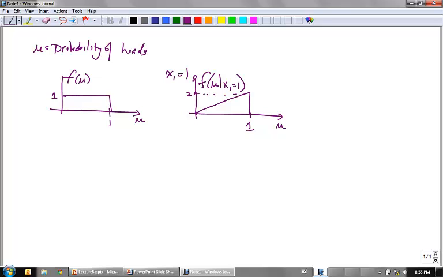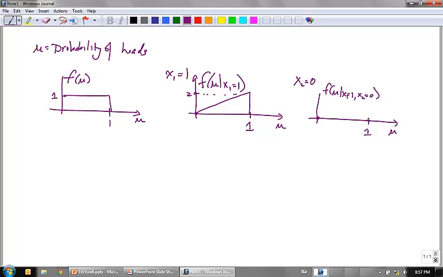Now, suppose that I flip the coin again and I observe that x2, the second coin flip, is a 0. So now I want to know what is the probability distribution of mu given that the first coin flip was 1 and the second coin flip was 0. Well, now that I know I can get both a 0 and a 1 from this distribution, I have definitely ruled out this, because I got a 1.